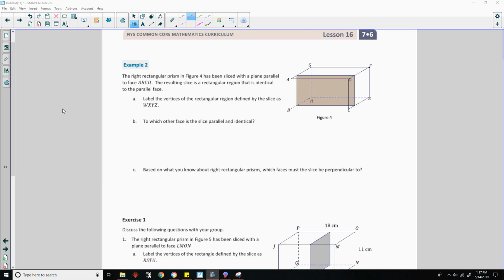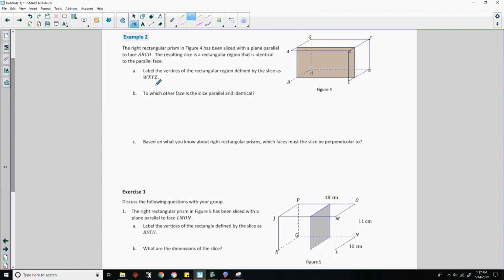Okay, page 2, example 2. The right rectangular prism in figure 4 has been sliced with a plane parallel to the face ABCD. The resulting slice is a rectangular region that is identical to the parallel face. A. Label the vertices of the rectangular region defined by the slice as W, X, Y, Z. Since they're naming it W, X, Y, Z, we want to correspond parts.